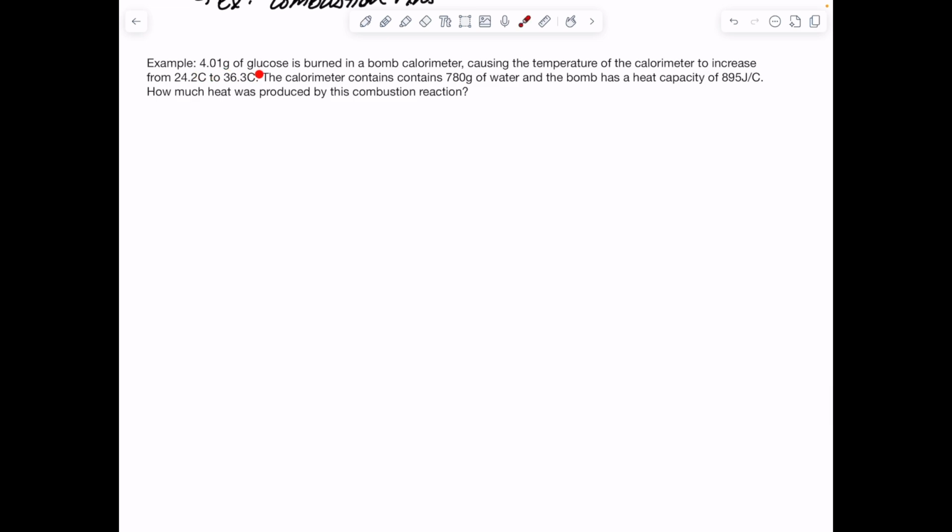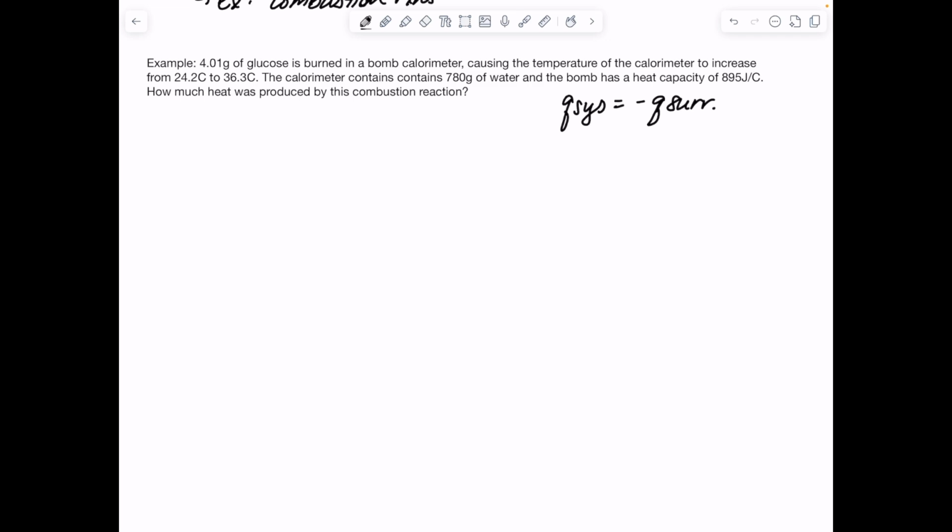A 4.01 gram glucose sample is burned in a bomb calorimeter, causing the temperature of the calorimeter to increase from 24.2 Celsius to 36.3 Celsius. The calorimeter contains 780 grams of water, and the bomb has a heat capacity of 895 joules per degree Celsius. How much heat was produced by this combustion reaction? Once again, I always default back to Q system equals negative Q surroundings.